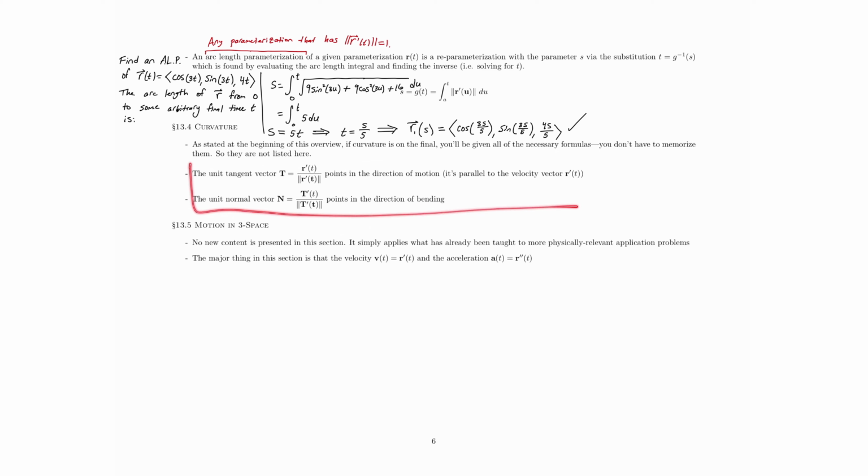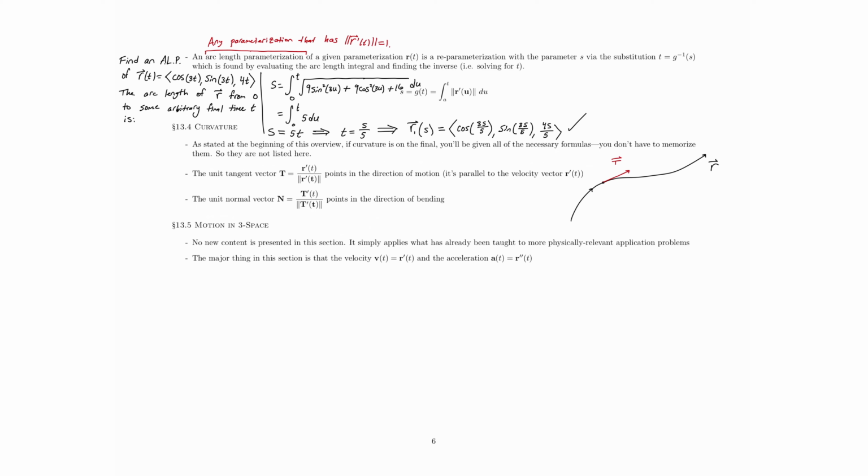For these two things right here, essentially we have the following picture. So r of t, let's say, traces some path. Let's say this is the path traced by some parameterization r. Then at some point, let's say right here, there are two special vectors. There's this vector, which is the unit tangent vector.